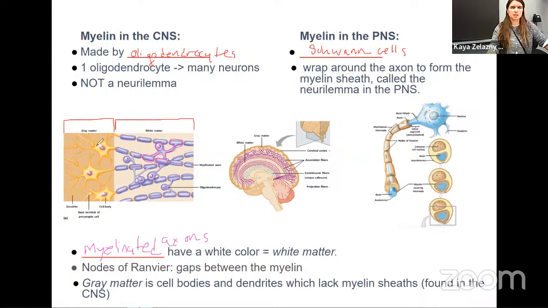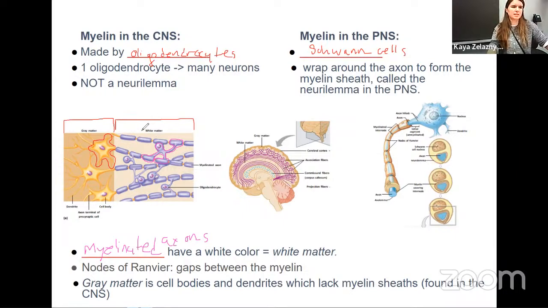So what you can see is that in the gray matter, largely what we see are our cell bodies, right? Our soma of the neuron and our dendrites, right? So receiving the signals here in the gray matter, our cell bodies, and then out as we're projecting out with these axons, if we're myelinated, we have white matter.